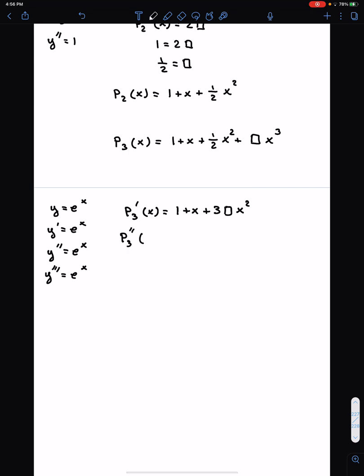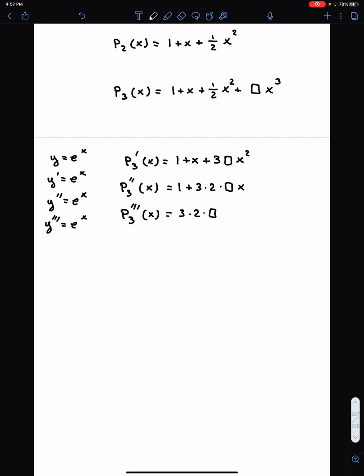The second derivative is 1 plus 3 times 2 times the coefficient of x. And then the third derivative, p3 triple prime, is 3 times 2 times that coefficient.